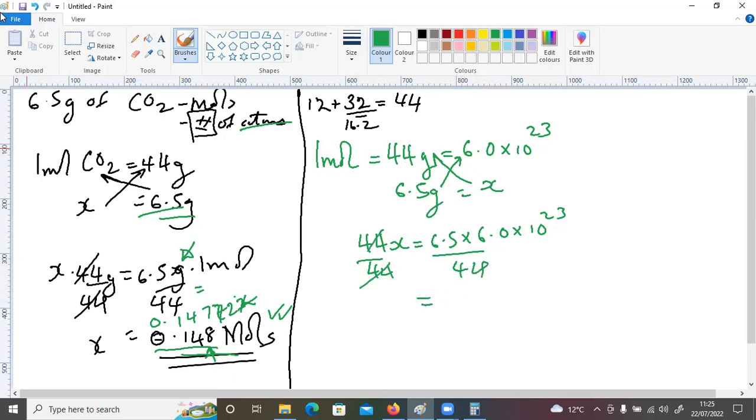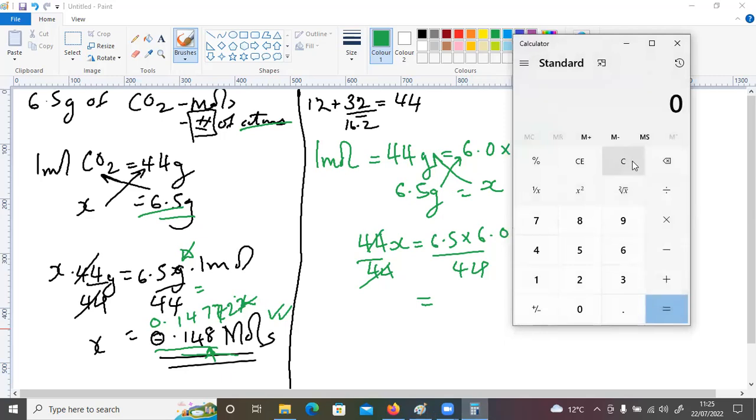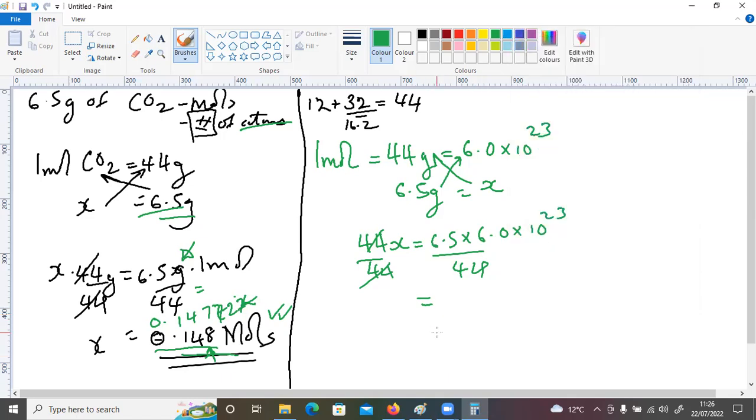And this should give us, let's get our calculator. 6.5 multiplied by 6 over 44 equals 0.886.